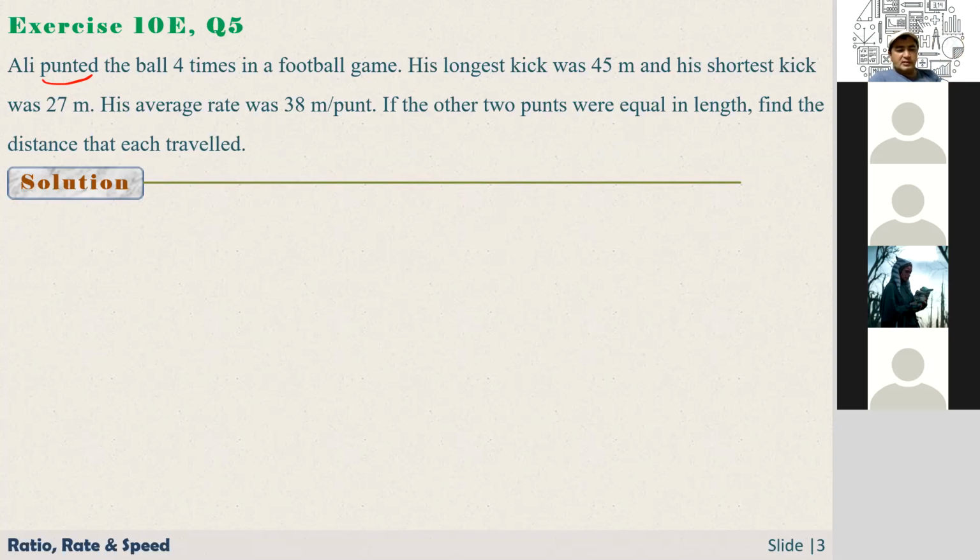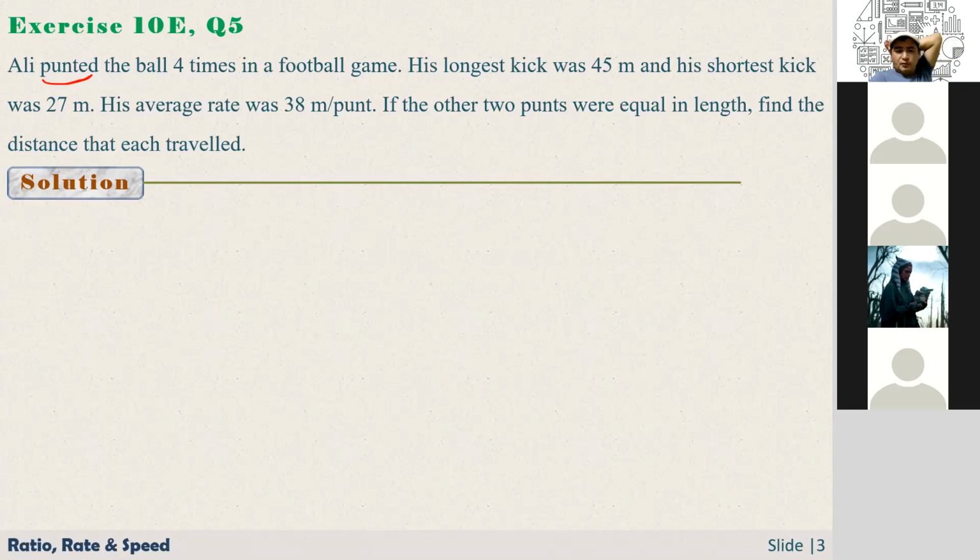Each time maybe it goes very far away, sometimes very short, and sometimes it hits somebody and stops. Anyway, I just kicked, you can understand. It's a kind of free kick, okay?